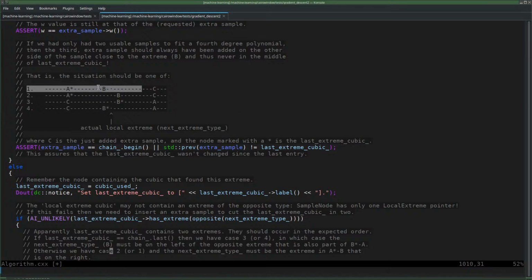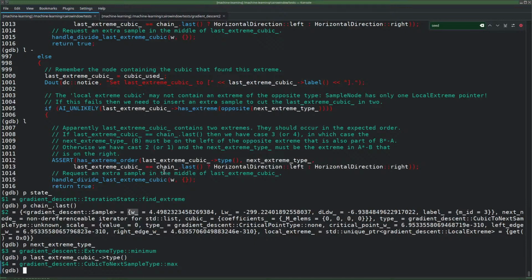Let's verify that. So the question now is, where is the actual local extreme and where is B? Isn't the location of the local extreme assumed to be W, I think?